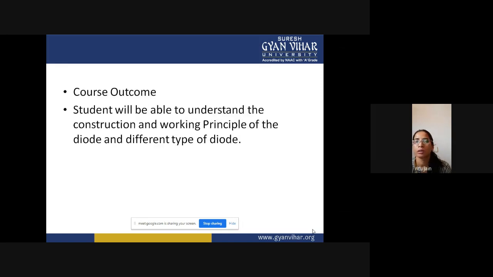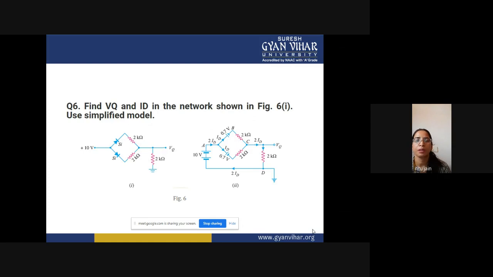So let's start with some examples. Let's start with the first example. In the previous lecture we have already done 5 examples, which were also based on diodes. Now this is numerical number 6, in which we are going to discuss some different circuits in which we are using diodes.